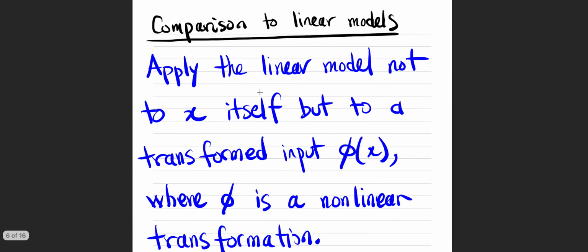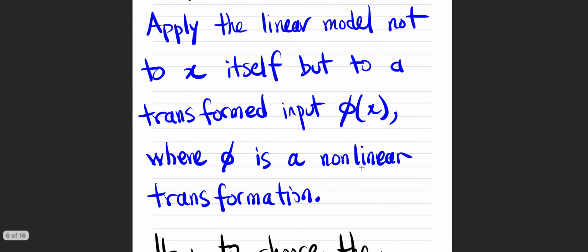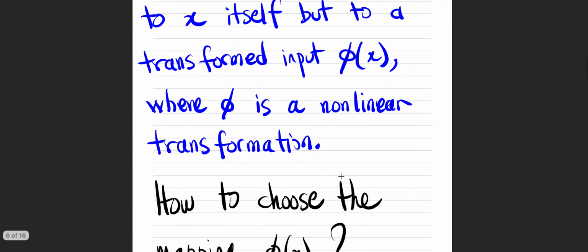So instead of applying a linear function to x, it's applied to a transformed version of x, phi of x, where phi is a nonlinear transformation.